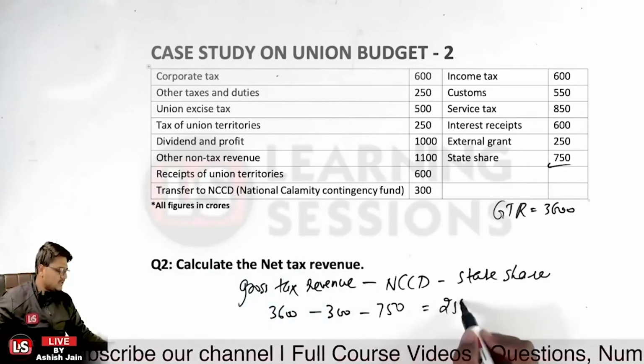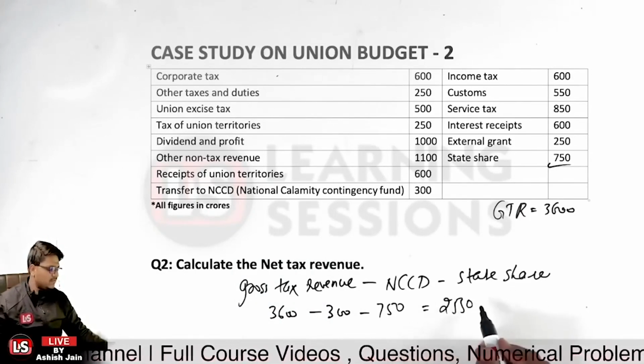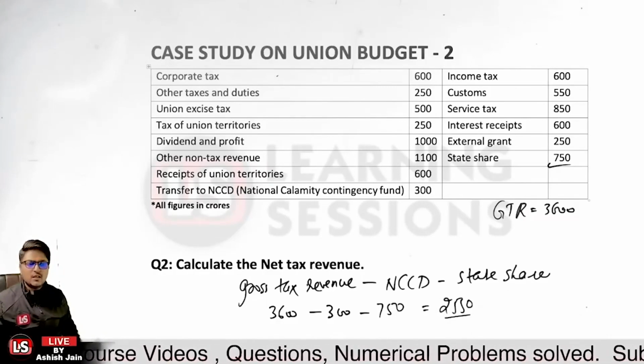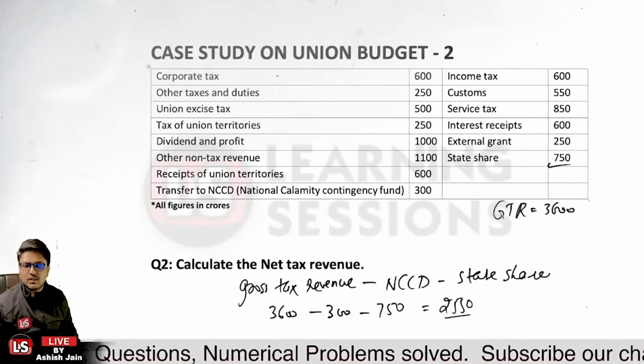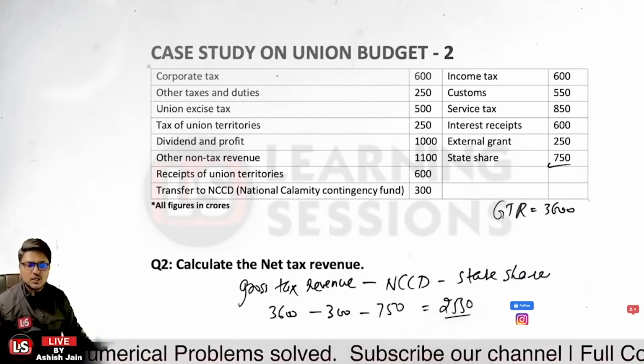So we have the net tax revenue as 2550. So 2550 is the right answer as per the question.